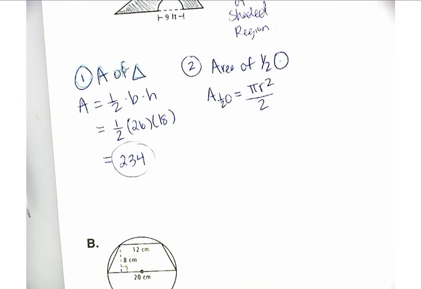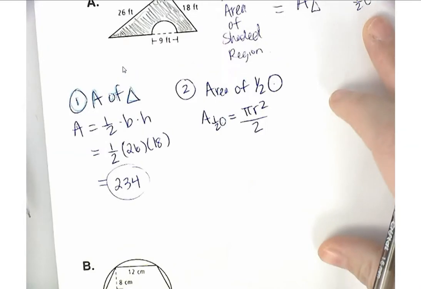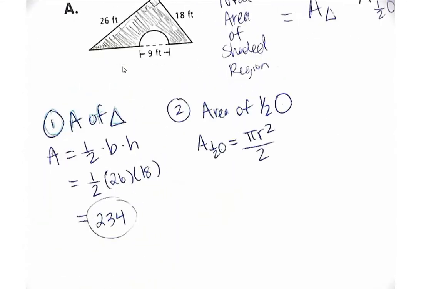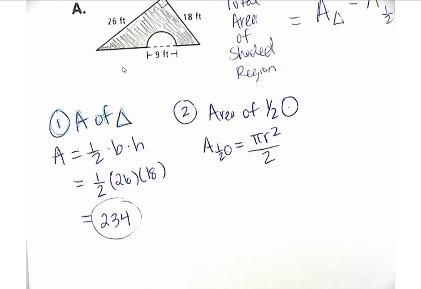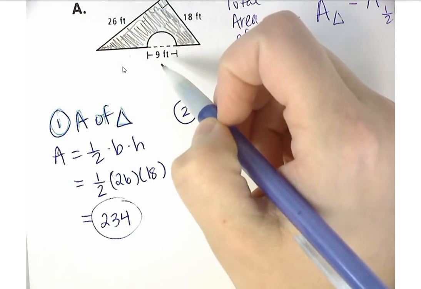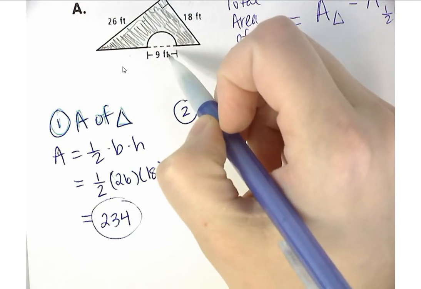Okay, and then Maddie H., can you tell me what my radius is going to be? Okay, so let's look and see what we have. What do they give us about the circle? Yep, and what did they give you? 9, which is the diameter, right?